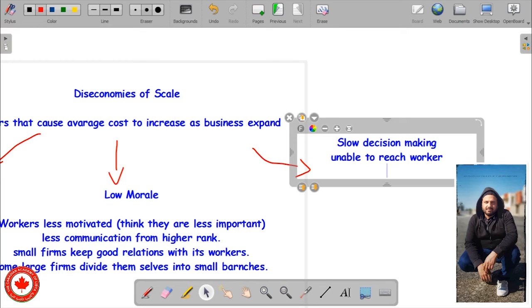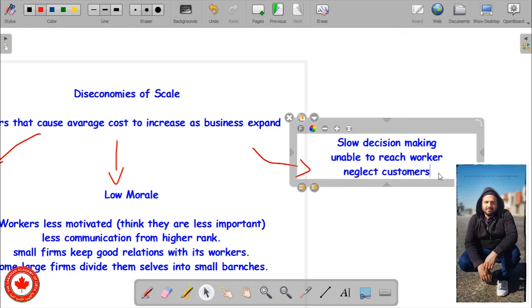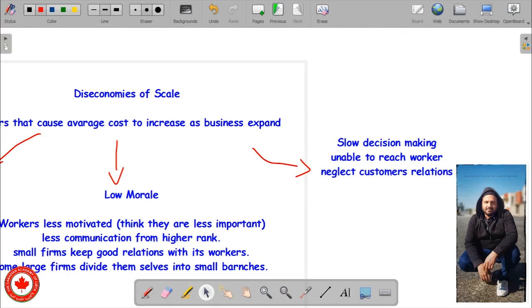Sometimes these top managers will be busy with some affairs, which will lead to neglecting customers' relations, and these customers will be unhappy.